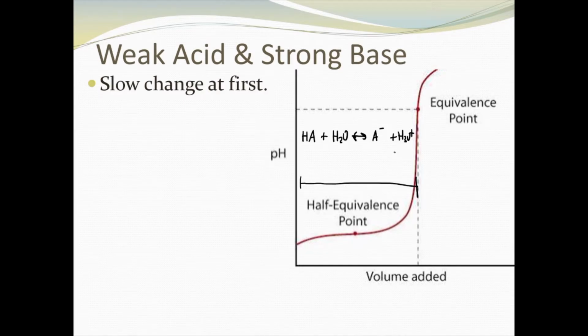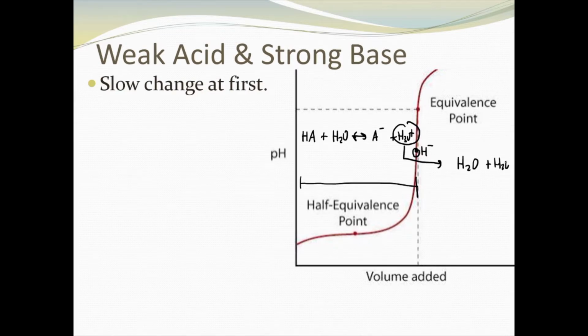Now, if I add a strong base, which is hydroxide, what will happen is that this H3O+ concentration will start to go down, because it will react with the hydroxide to create water.